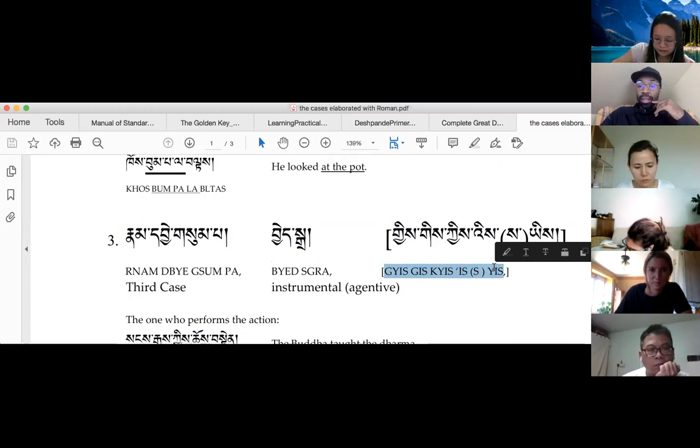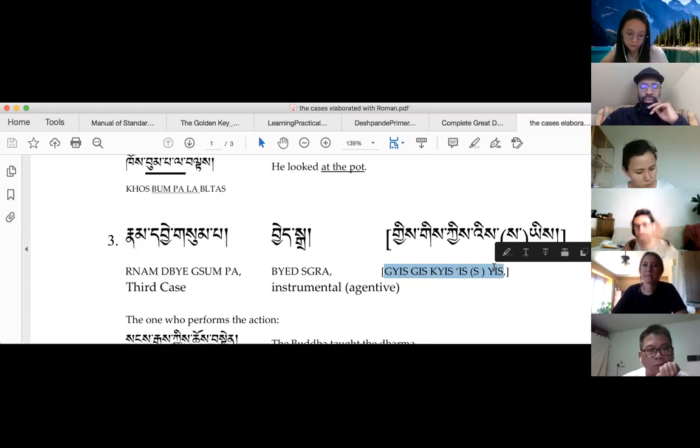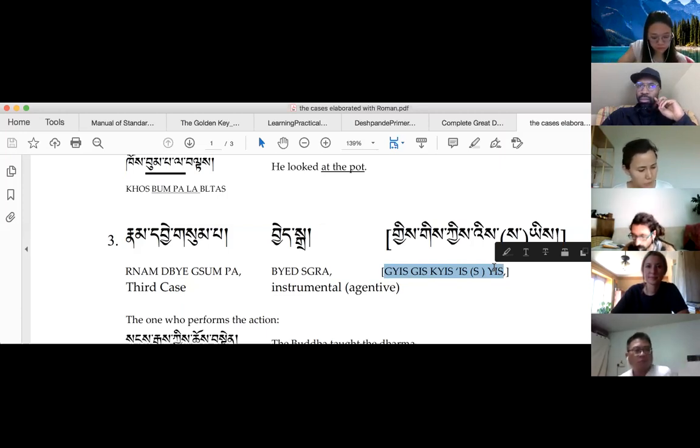And it would be a different case if you say the Dharma was taught by the Buddha. What is the difference between saying by the Buddha, the Dharma was taught, versus the Dharma was taught by the Buddha? Well, that's English. Both those sentences mean the same thing in English.